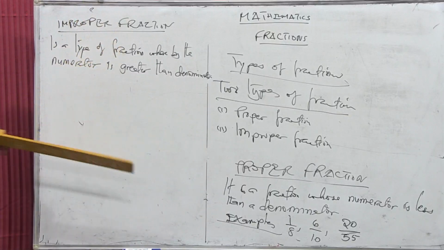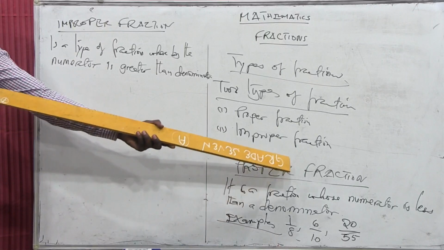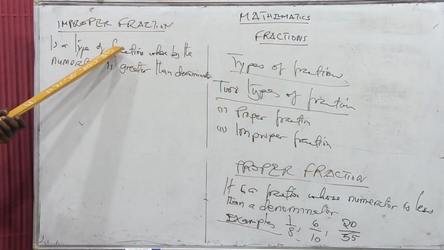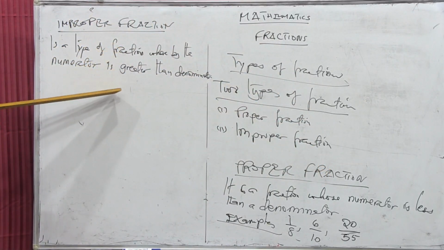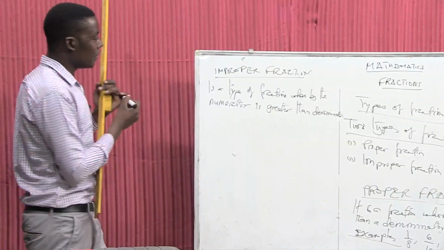So this one is the vice versa of the other one. Here we said the numerator is less, but in this case, the numerator is greater. Greater than what? Greater than the denominator. Right? Examples.